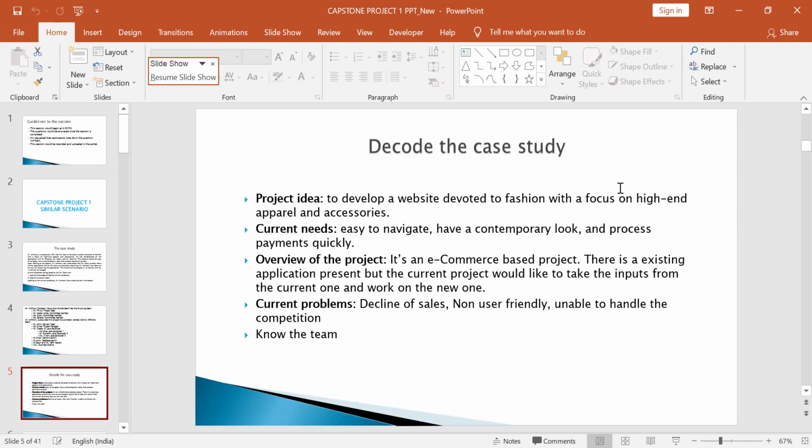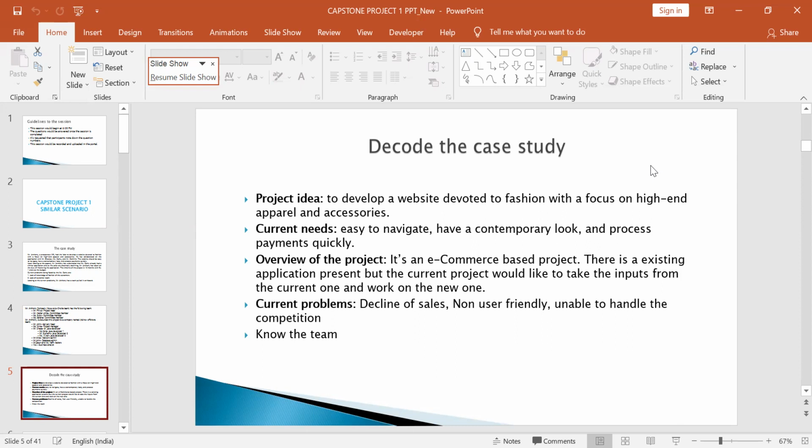Next, the overview of this project: it is a pure e-commerce project. There is an existing application, the present one, but the current project would like to take the inputs from the current one and work on the new one. You want to implement the new one for this.